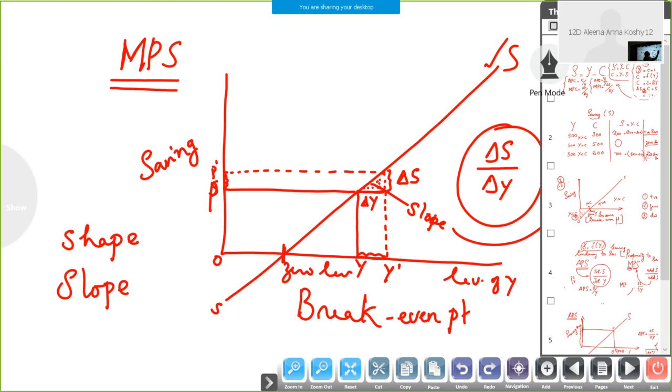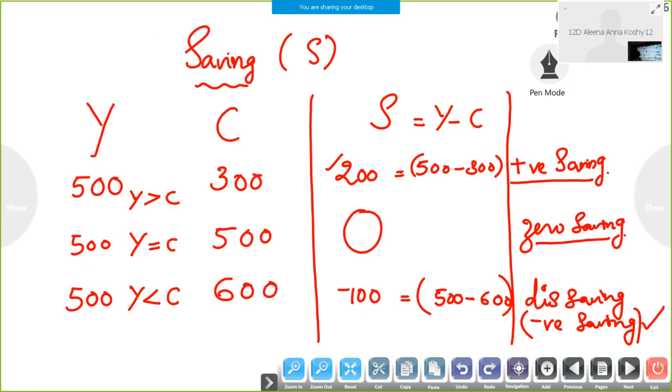Saving, three situations: positive saving, zero saving, and negative saving. Negative saving is also known as dissaving.